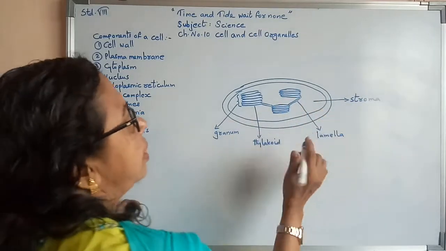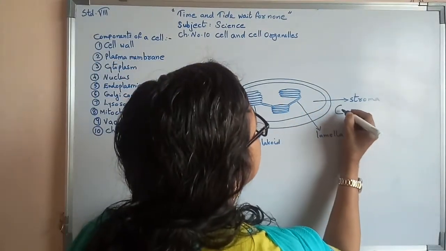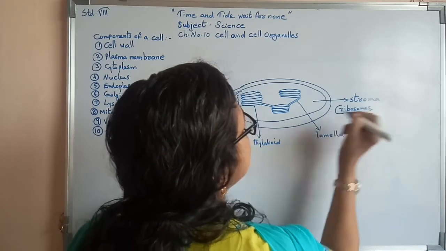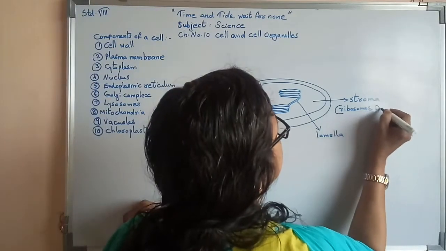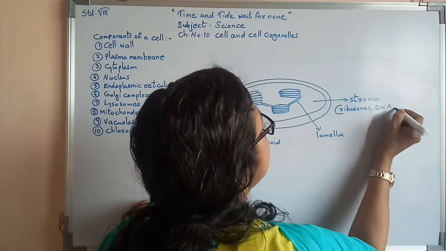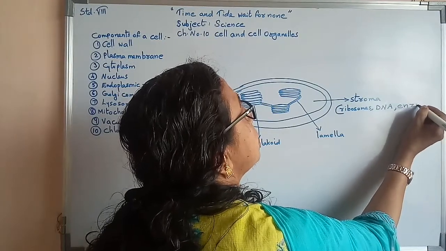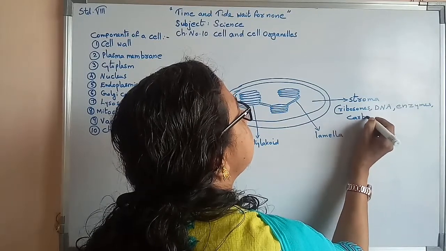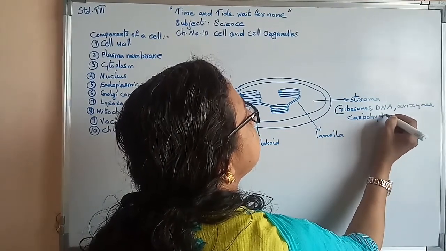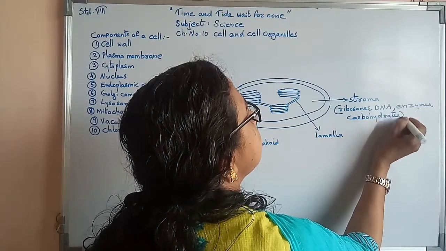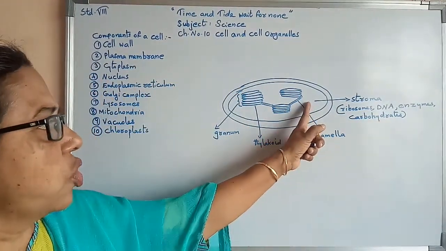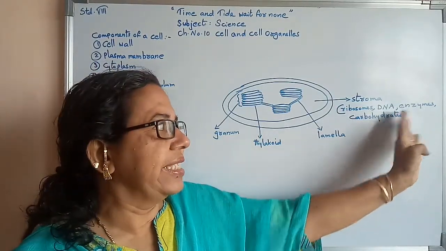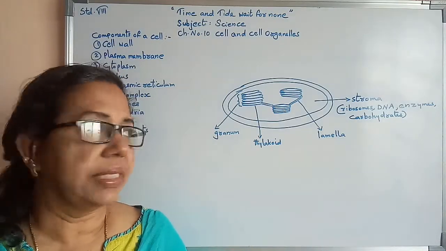Inside this stroma there are ribosomes, DNA, enzymes and carbohydrates.